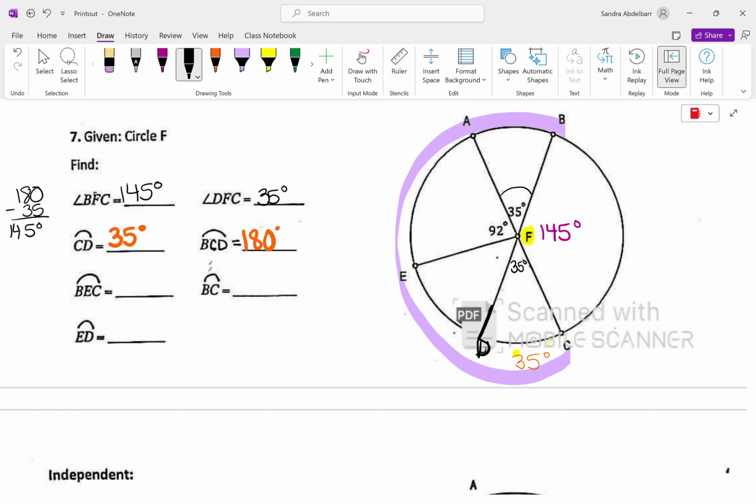Since BD is a diameter, arc BD is 180. And now to go from arc BD to arc BC, aren't I just adding 35 more degrees? So we're going to do 180 plus 35, and we get 215, thank you.